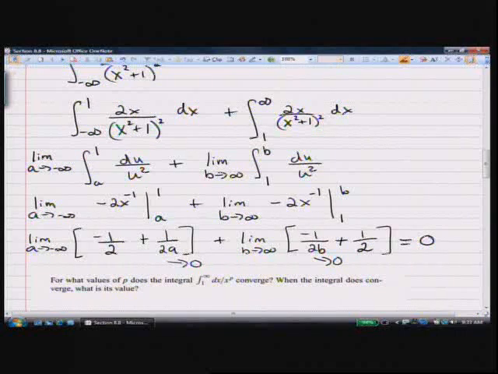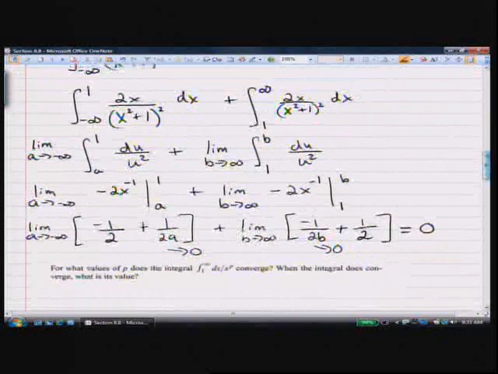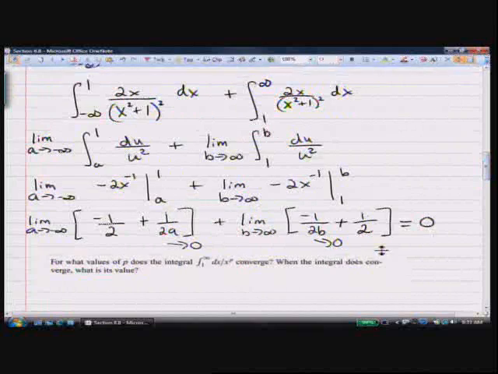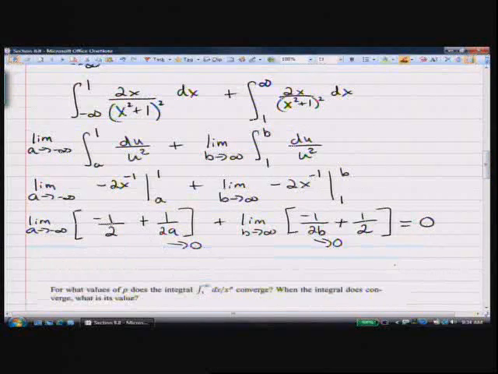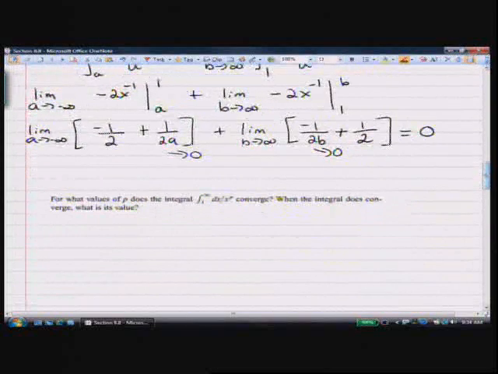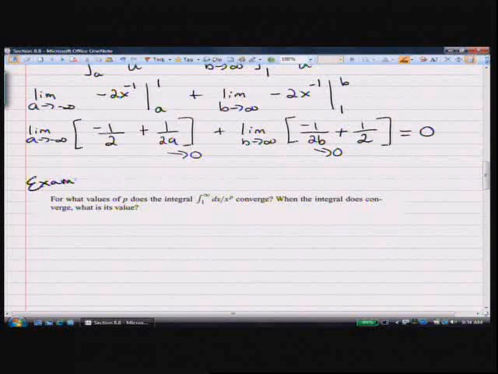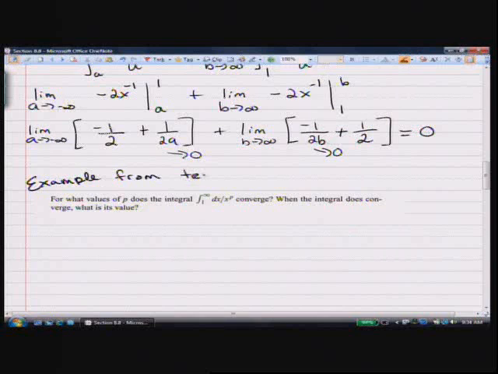Now, this next one is a really important concept, and it's actually in your textbook, but I wanted to go over it with you because we're going to use it a lot in the next section when we talk about P-series and tests for convergence of series.